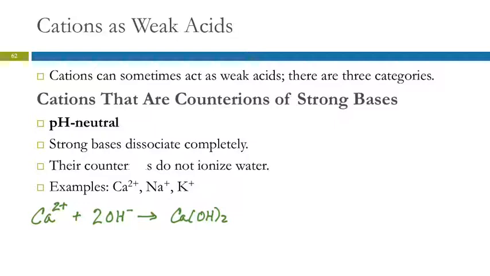Computer's being weird here. It's got a little box in the middle there that's blank. So sodium, potassium. This is not going to act as an acid because this reaction actually doesn't go in this direction at all, right? Calcium hydroxide dissociates completely and forms calcium ions and hydroxide ions. So these sorts of cations aren't going to do anything. They're pH neutral.